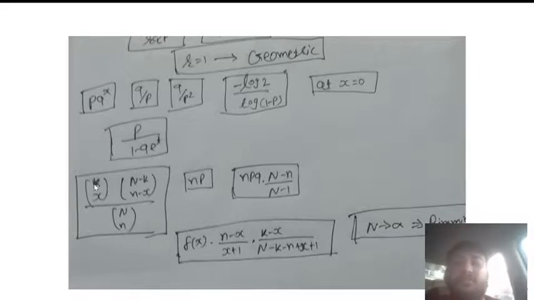So you can also read it like total success C sample success. Now what is capital N minus K? See, capital N is the number of total population and K is the number of successes in the total population. N minus K is the number of failures in the total population.